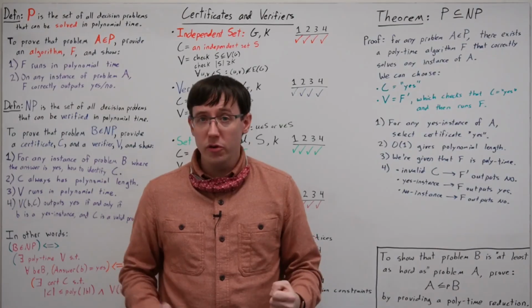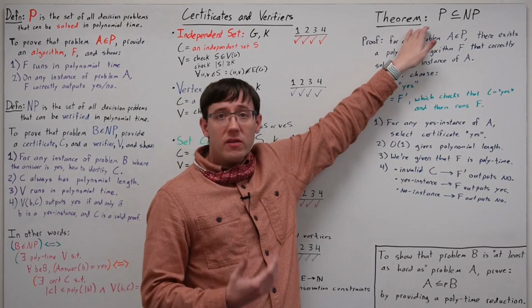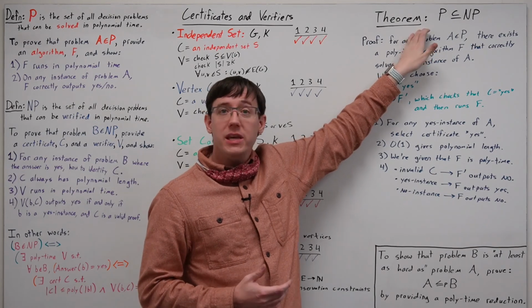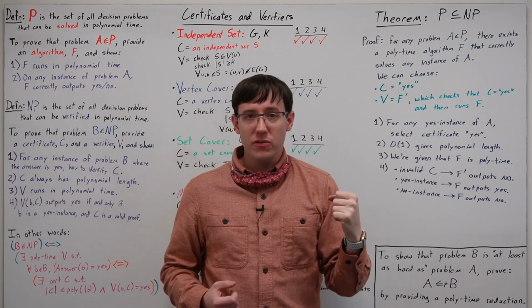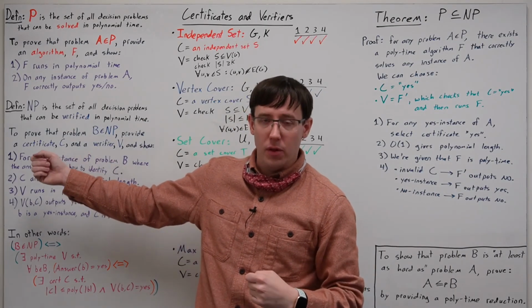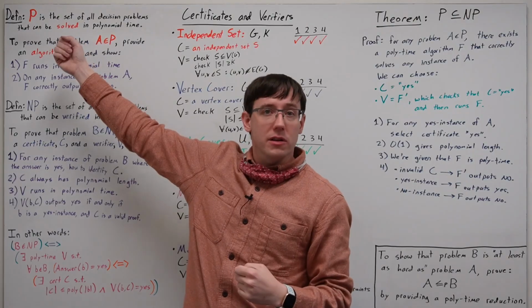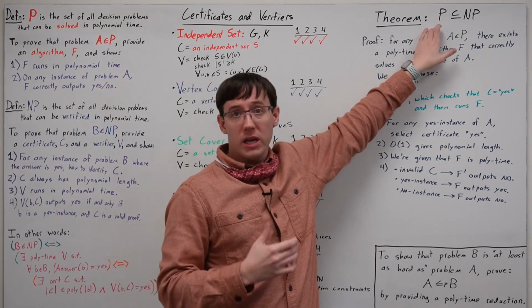So we've proven that P is a subset of NP, but we have not yet determined whether P is a strict subset of NP, in which case there would be some problems that are efficiently verifiable that are not efficiently solvable, or if these two sets are equal.